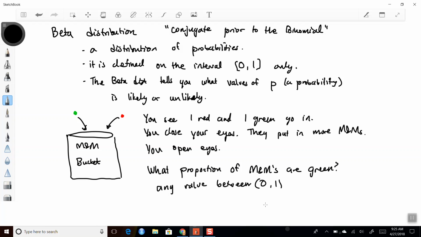You have no idea. And so the beta 1-1 distribution looks like this: on the interval 0 to 1, all of those values are equally likely. So this means all values between 0 and 1 are equally likely.